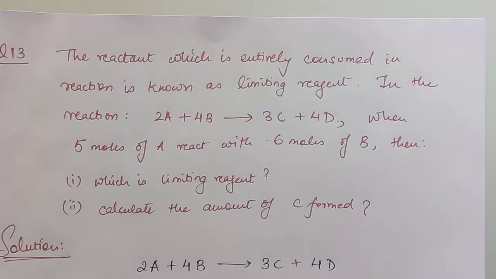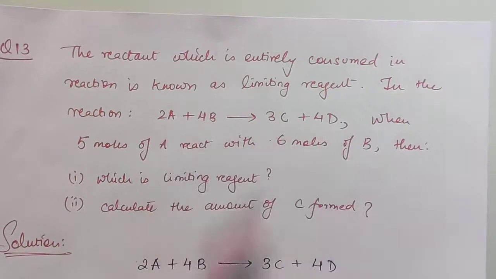Okay, to make the concept more clear, let us go for one more example from the concept of limiting reagent. It is asked in many schools, students, so please don't take it lightly. Okay, the question is: the reactant which is entirely consumed in the reaction is known as the limiting reagent. In the reaction 2A plus 4B gives 3C plus 4D, this is the chemical reaction they have given.